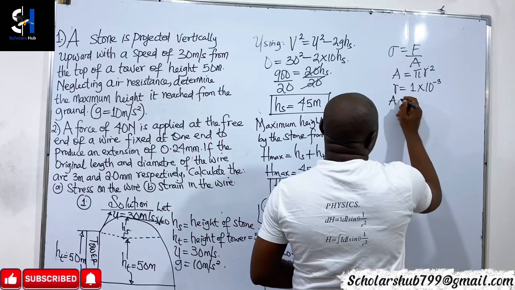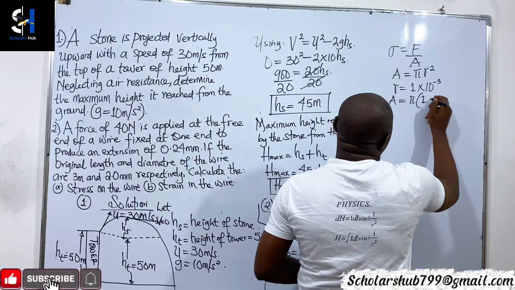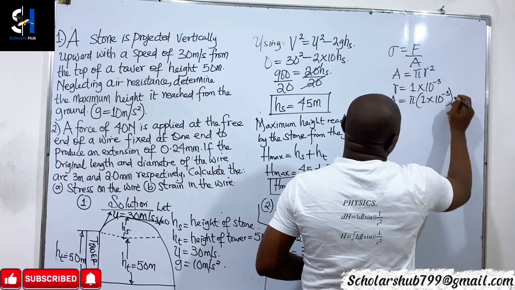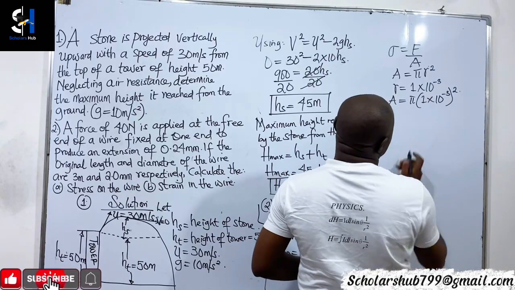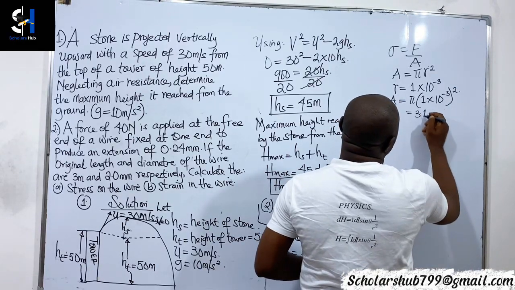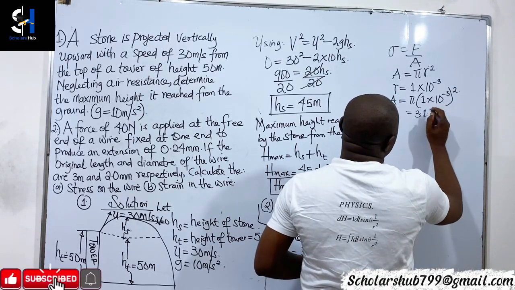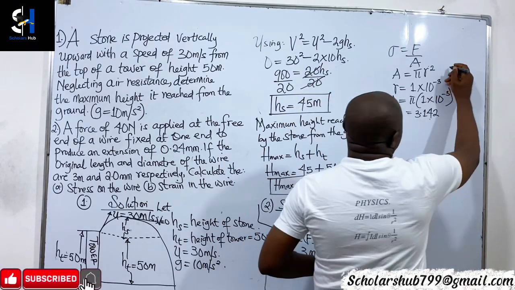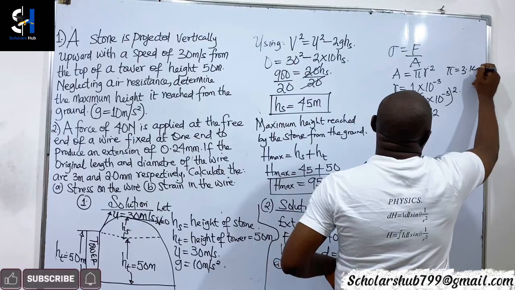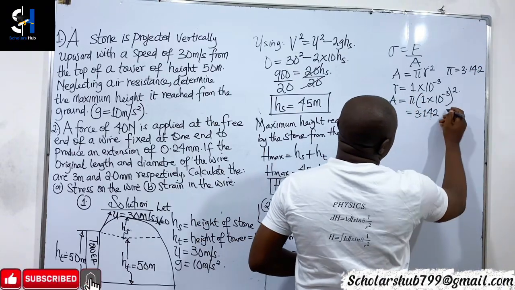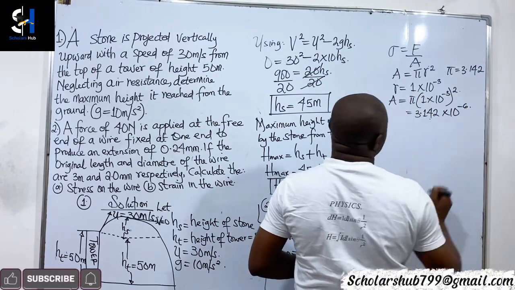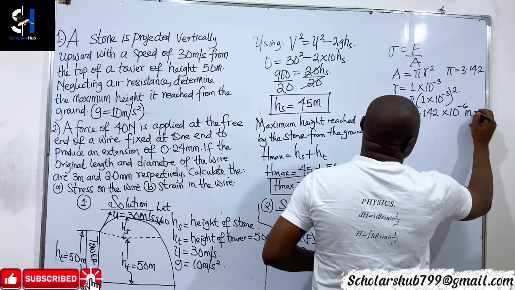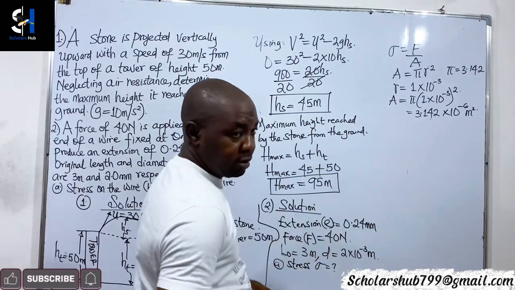So now the area will be pi times 1 times 10 raised to the power of minus 3, squared. So this will be 3.142, which is the value of pi, then multiplied by 10 raised to the power of minus 6 meters squared.